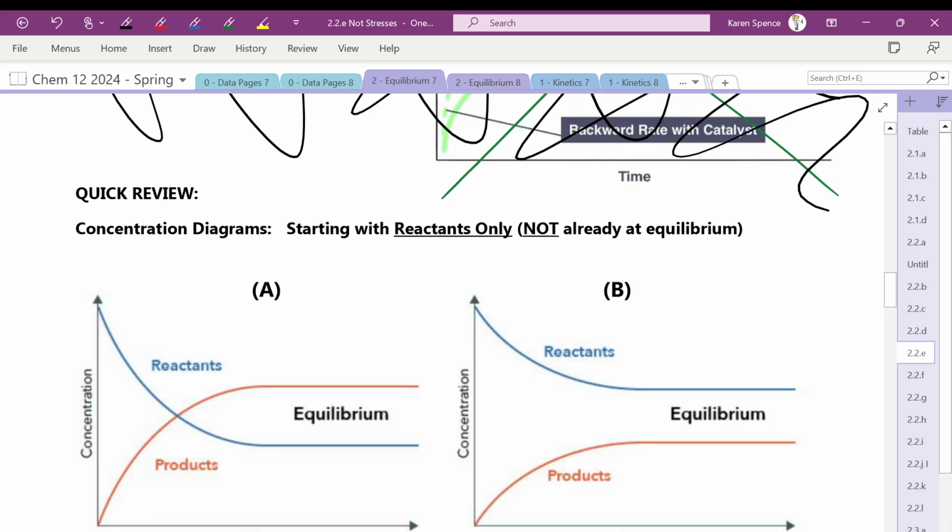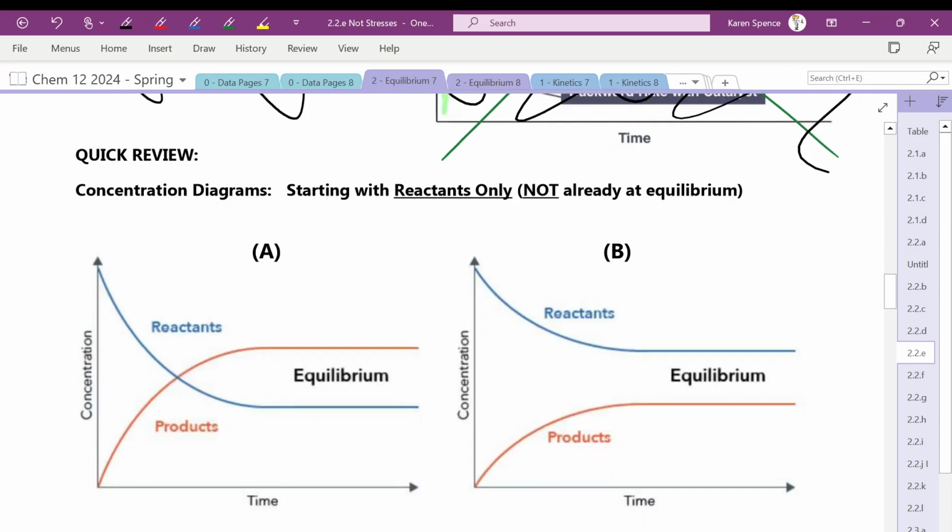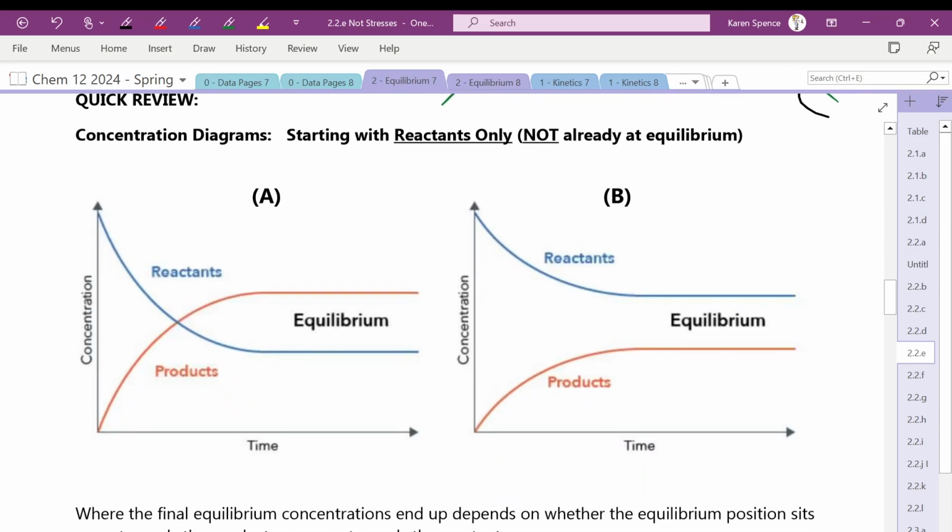Concentration diagram, starting with reactants only. Diagram A, diagram B. Either of these are correct. Yes, you can have a crossover or you can have no crossover. In this case, in diagram A, which side is favored?